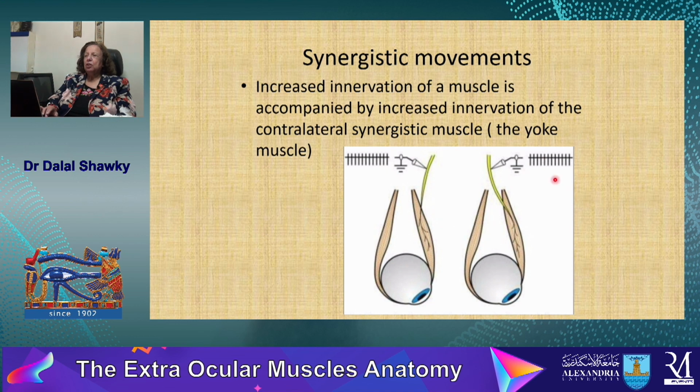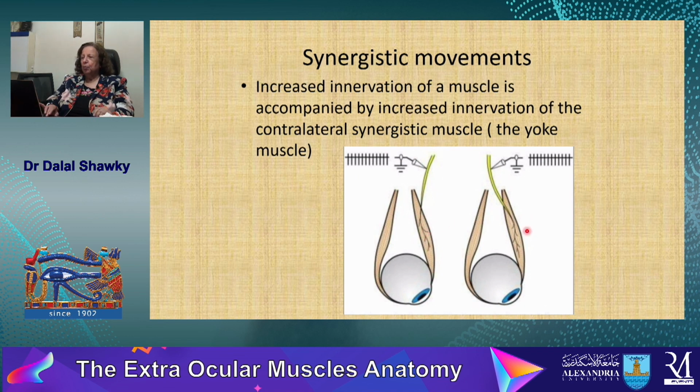What are the synergistic movements? Synergistic movement means that increased innervation of a muscle is accompanied always by an increased innervation of the contralateral synergistic muscle, that is called the yoke muscle of the other eye.